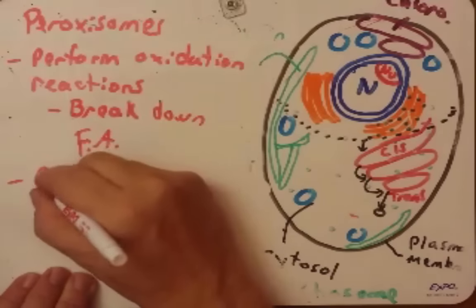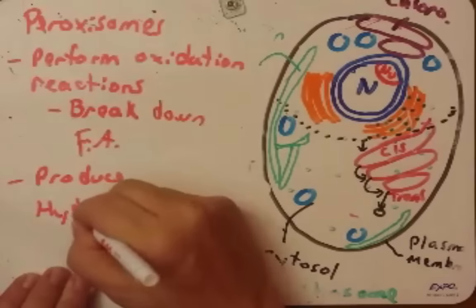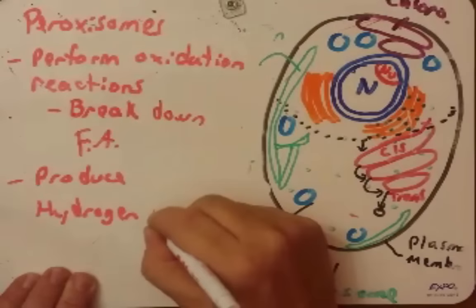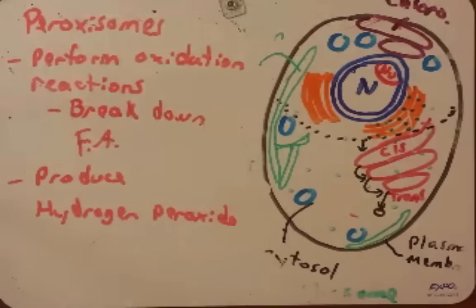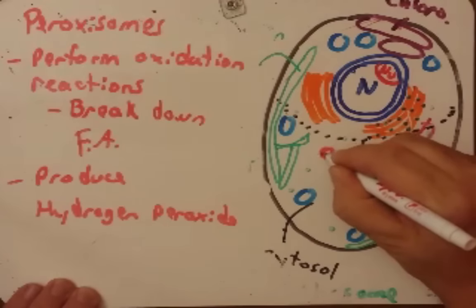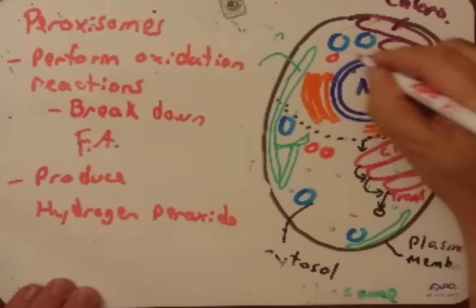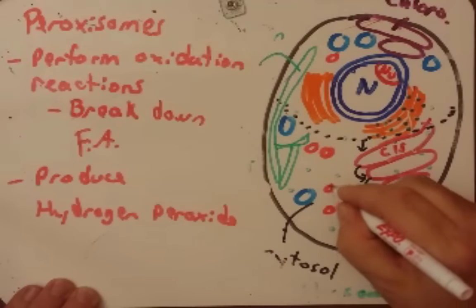They also produce hydrogen peroxide. They are usually small structures, circular structures. I'm going to draw them like so, these small circular structures. And they could be in different parts of the cell, so I'm going to put them in different parts of the cell.